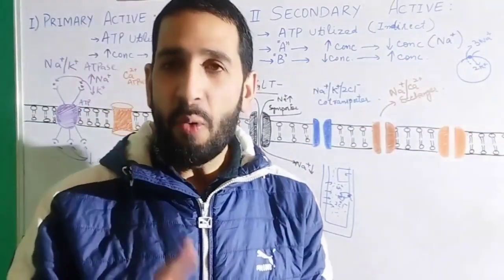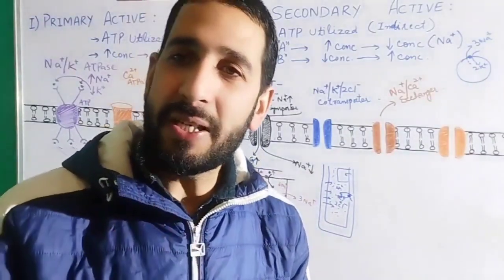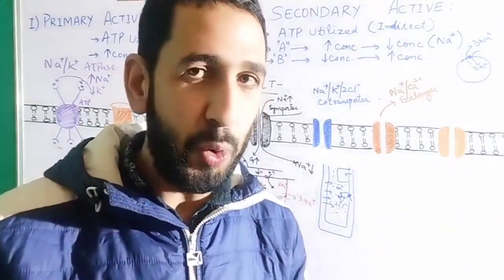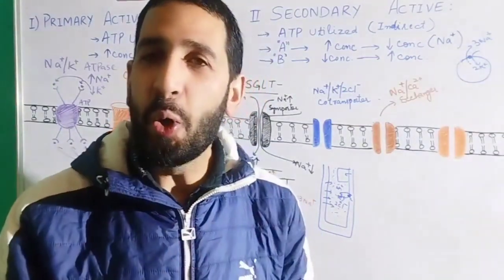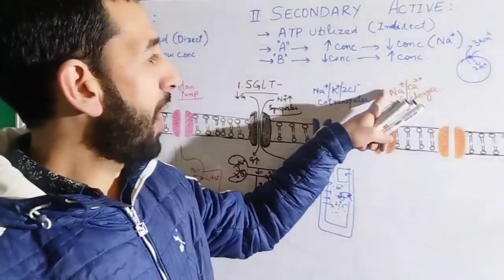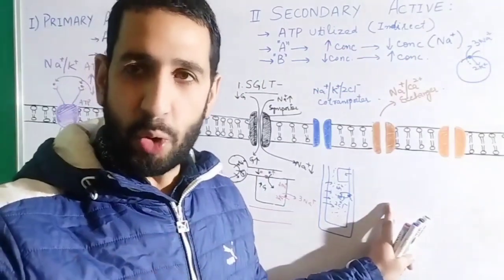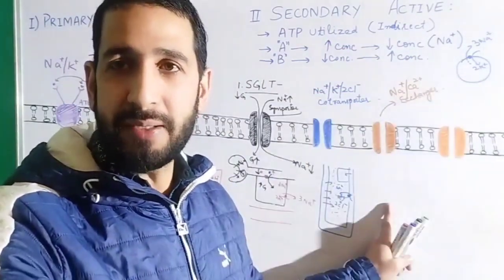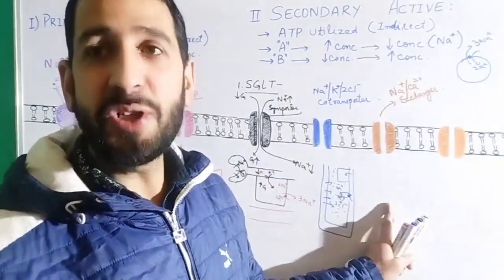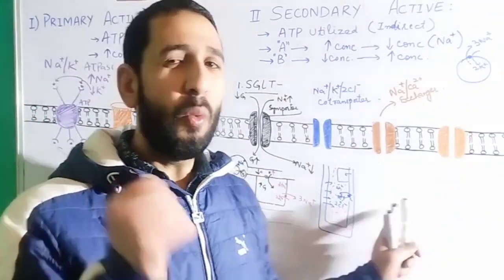But remember, one substance has to be transported from low to high concentration, and one substance has to be transported from high to low concentration. Sodium is being transported from outside to inside, and calcium is also in higher concentration outside the cell, but in this case the calcium has to be transported from low concentration to high concentration.